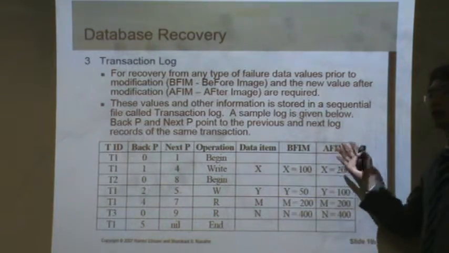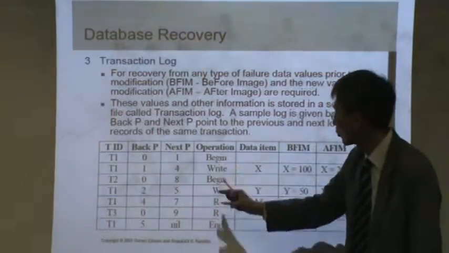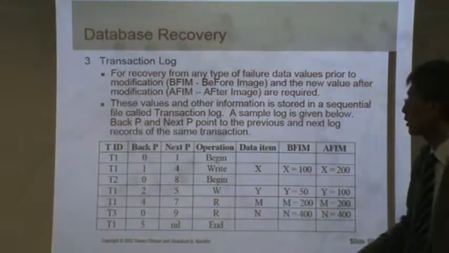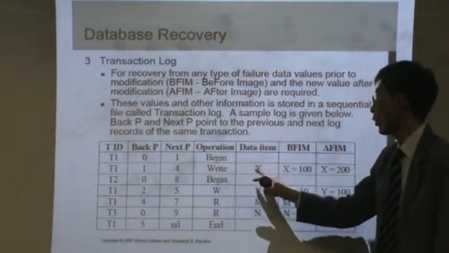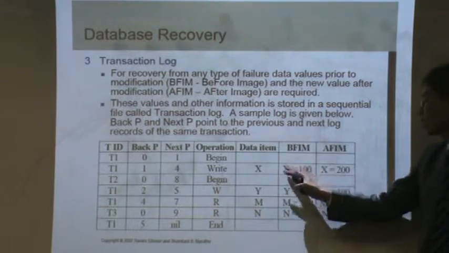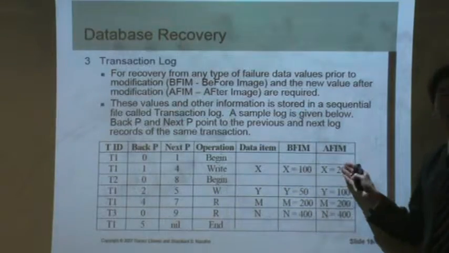It can hold additional information. These are the basic operations like begin, write, read, or end, such as the transaction operations. In the case of writing or reading, we can keep the data item. In the case of writing, changing the data, we will keep the before and after image.